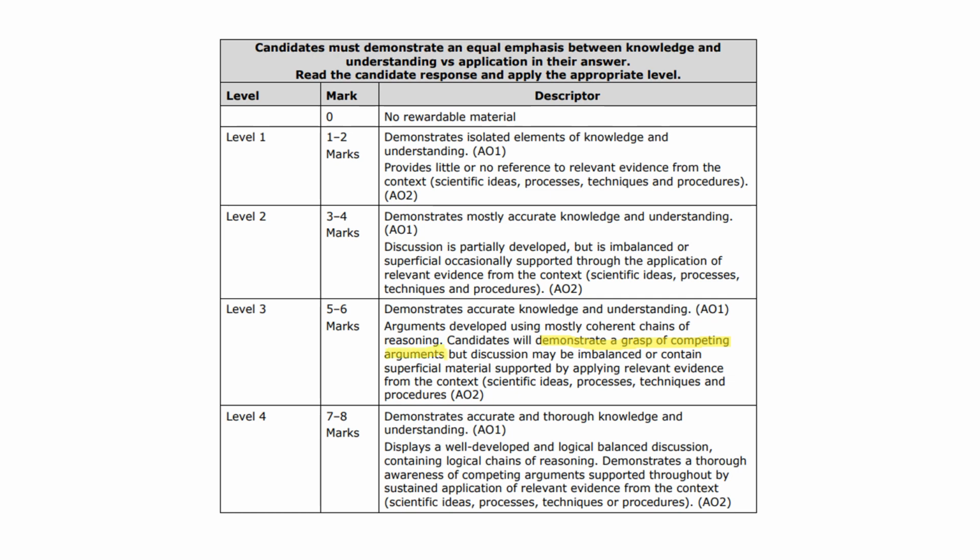Generally, most people, if they do a relatively thorough job, they've got those competing arguments in, they're going to be sitting in band 3. And whether they score 5 or 6 marks depends on the quality of their AO1s and their AO2s. To get into band 4, we've got to look at what's different about the level descriptor there. So first of all, they've added this word thorough.